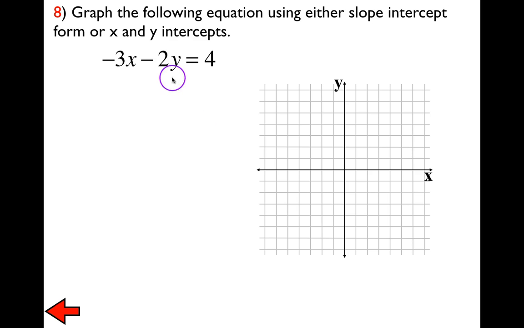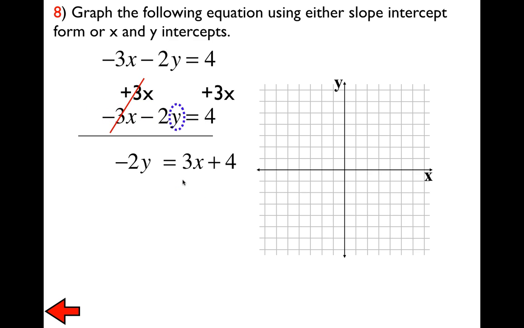So in order to turn this into slope-intercept form, I need to isolate y. So first things first, I need to get rid of this negative 3x by adding 3x to both sides, leaving me with negative 2y equals 3x plus 4. Now I need to get rid of this coefficient in front of the y, so negative 2y means negative 2 times y.